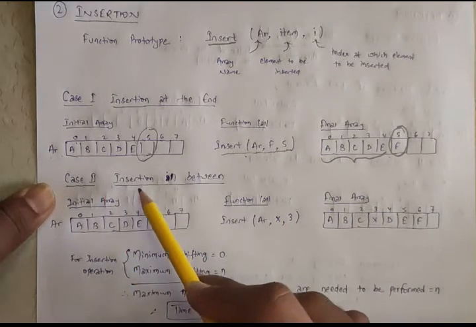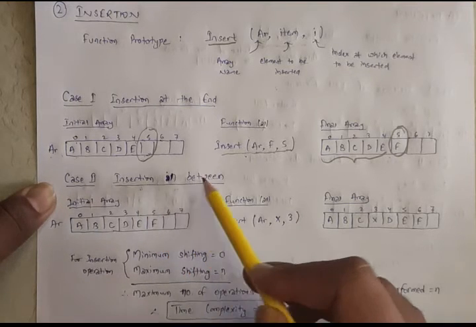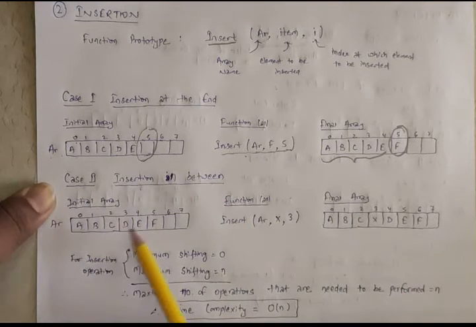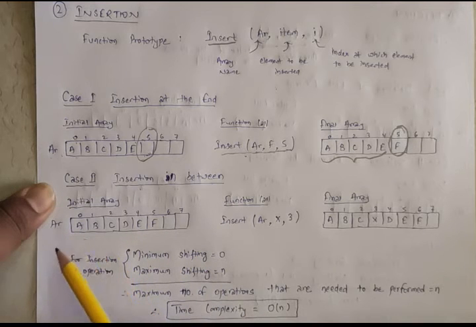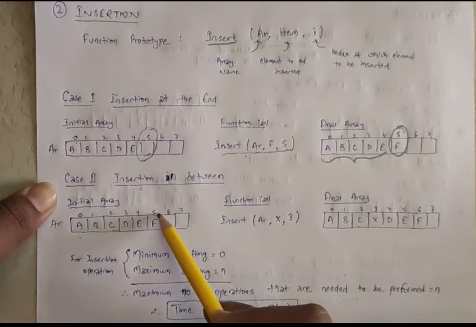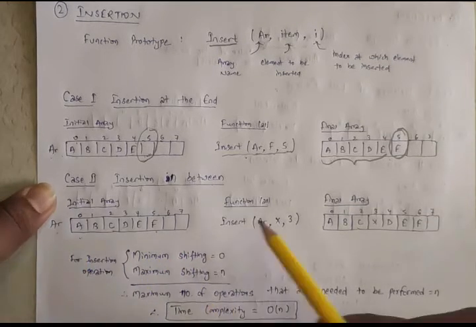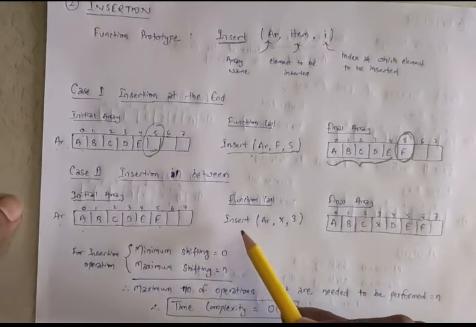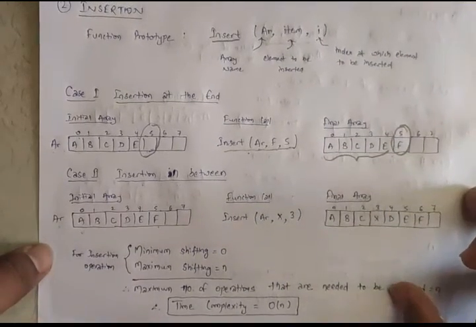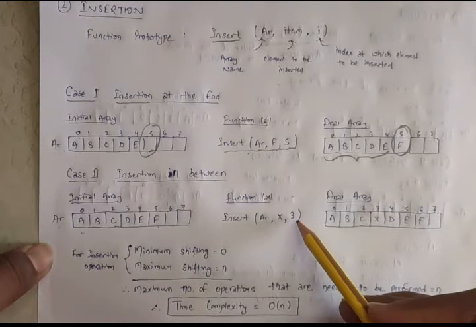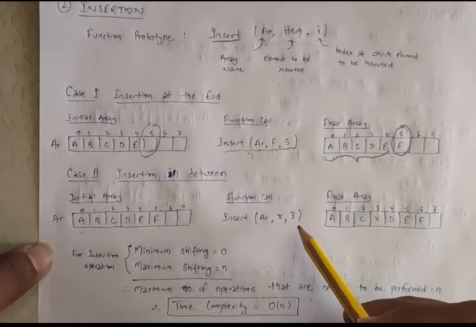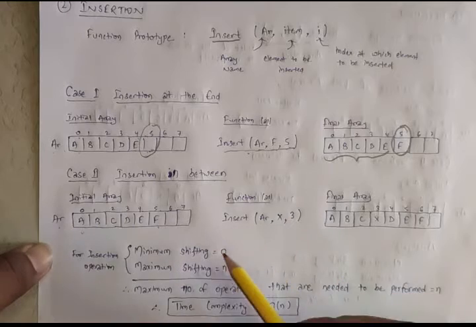The second case is when insertion is done in between. Let's say this is the initial array, elements stored from index 0 to 5, A to F, in the array AR. Let's say we call the function with the parameters AR, X, which is the element to be inserted, and 3, which is the index at which X should be inserted.